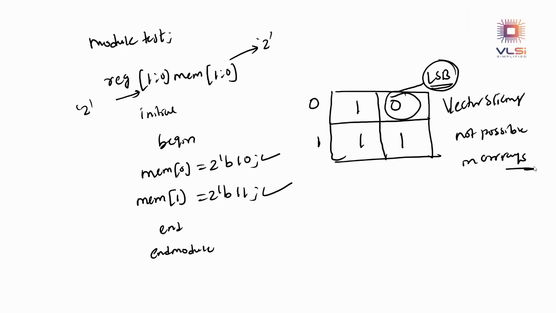The difference between vectors and arrays is that in vectors we define the size before the variable, whereas in arrays we define the size after the variable. Vector slicing, accessing any one bit, is possible in vectors, but not in the integer data type and array data type. Thank you very much.